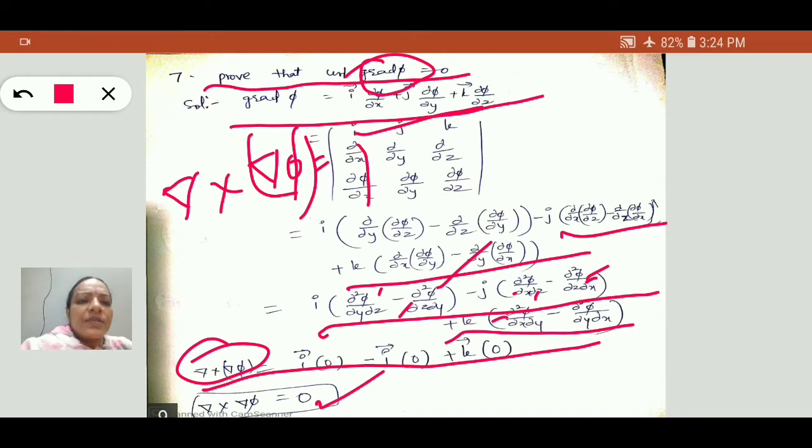So this is the problem: prove that the curl of gradient φ is equal to 0. Here gradient φ is also said to be an irrotational vector.